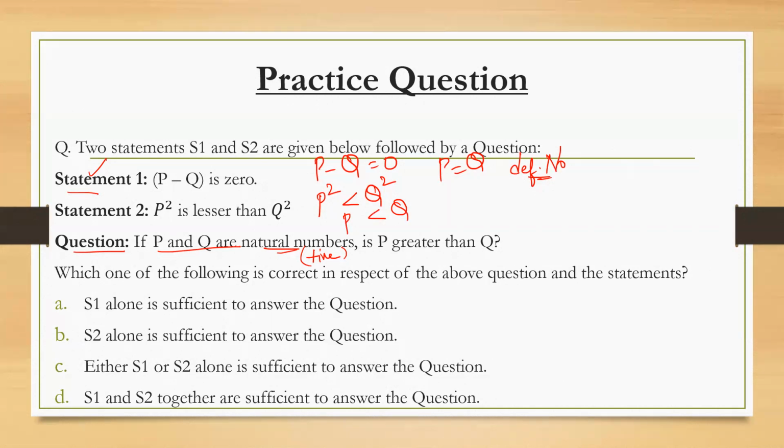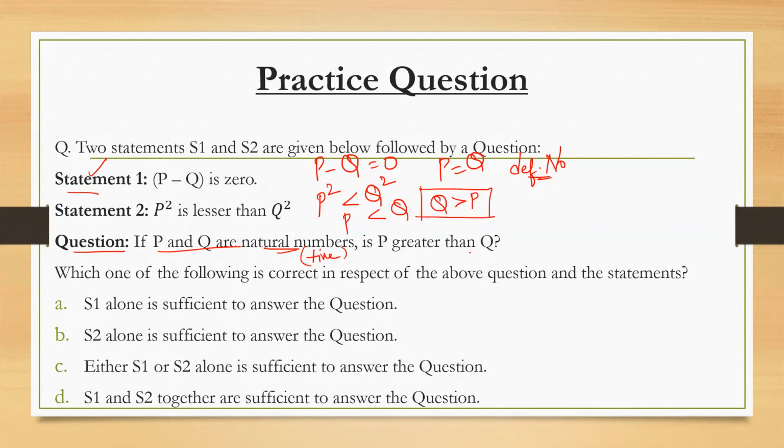Definitely I can say this. The reason is because they are all positive. Because they are all positive, therefore I can say this statement. Now by statement 2, I am getting the nature is Q is greater than P.